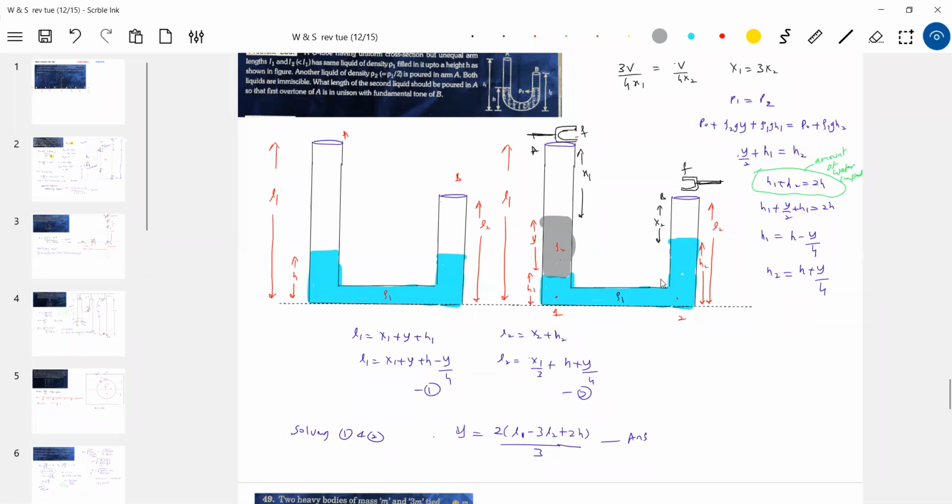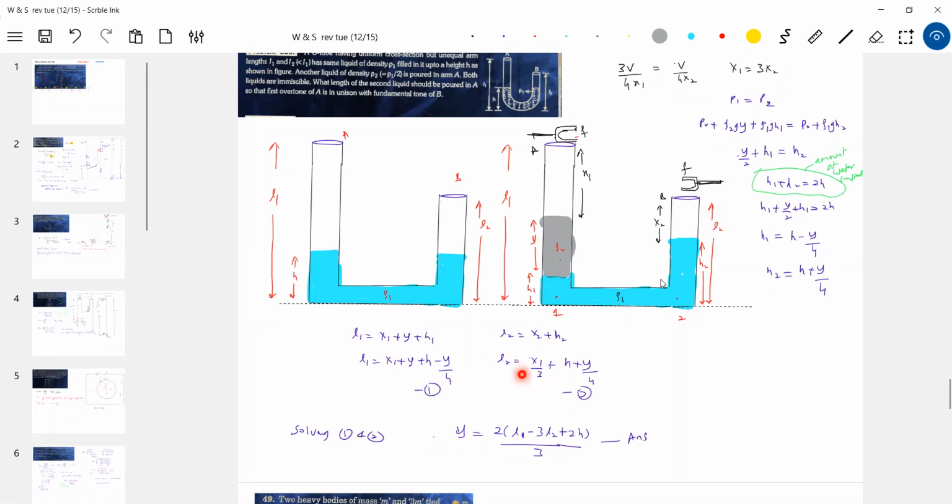Now let me check it. What all is L1? Looking at this diagram, L1 is equal to x1 plus y plus h1. L2 is x2 plus h2.